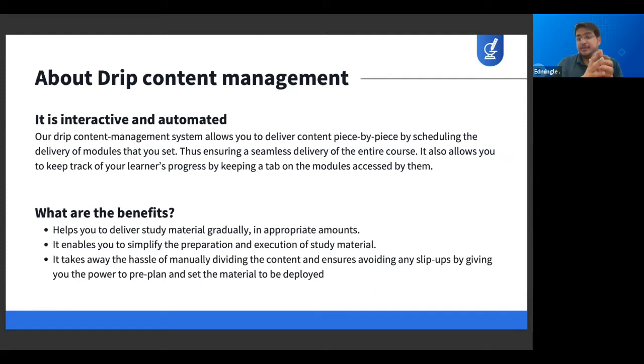Till now, before drip, you would have to divide the content and make it available to a respective batch or set of learners manually. There might be slip-ups, someone might not have got access at the right time, and a lot of such issues could happen. All these problems will be eliminated with drip content management.